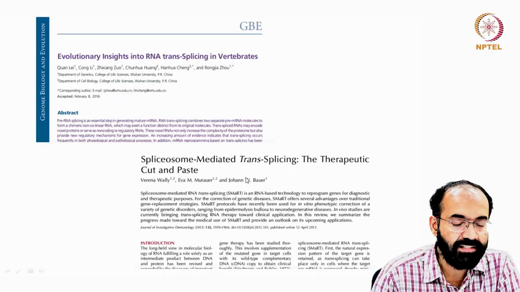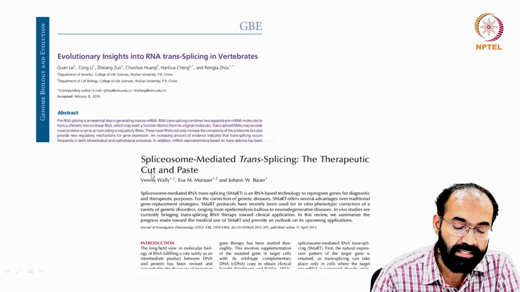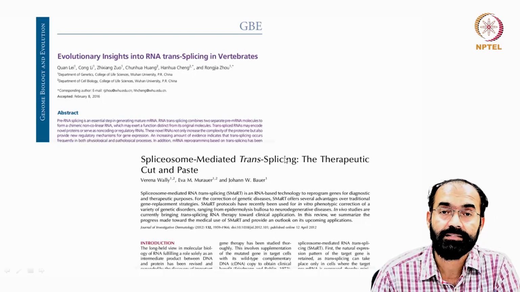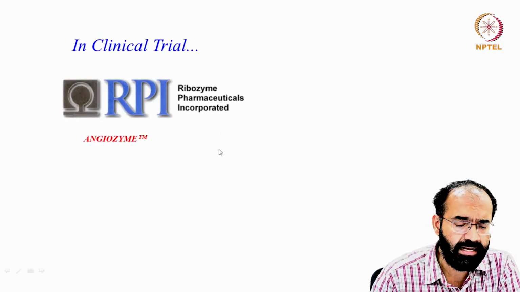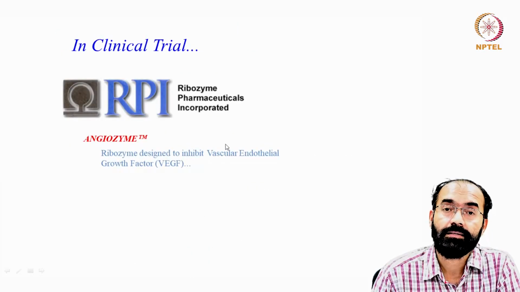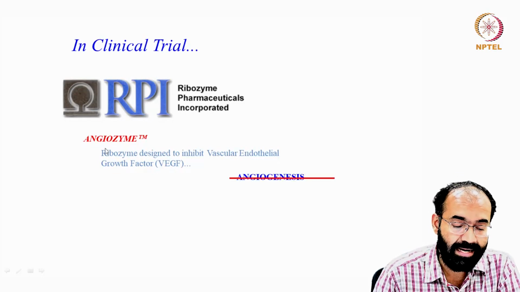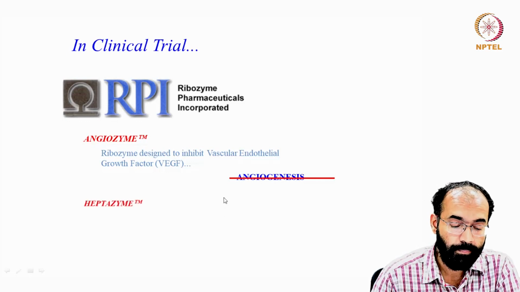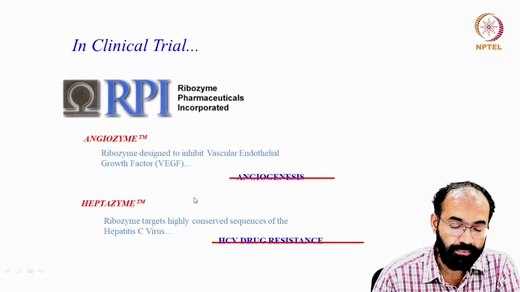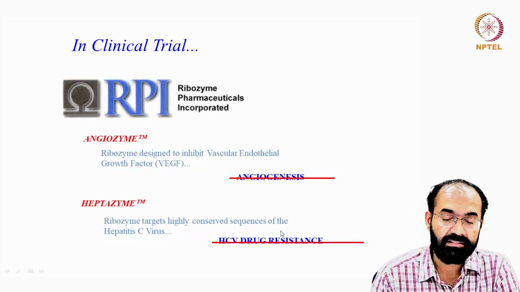Those who are interested can read about evolutionary insights into RNA trans-splicing in vertebrates and spliceosome mediated trans-splicing. These are all interesting articles to read. So in clinical trials, ribozymes and a lot of pharmaceuticals are there. Ribozyme Pharmaceuticals Incorporated, and Angiozyme is a product which is used to target VEGF, and Hepatozyme is a product that is targeting hepatitis C virus infection.